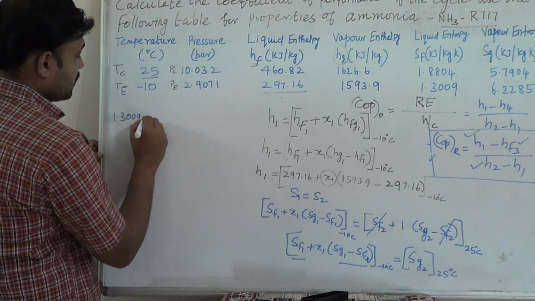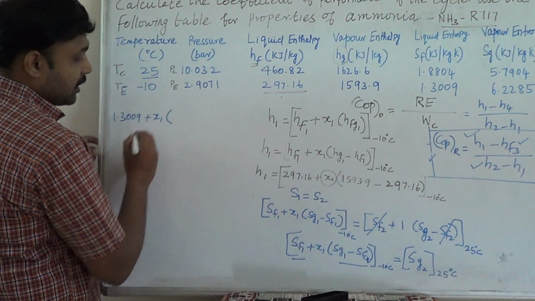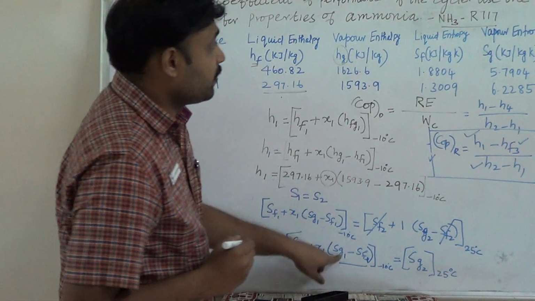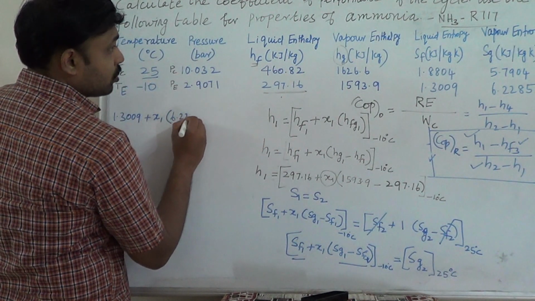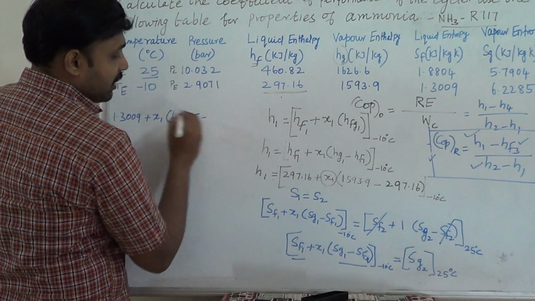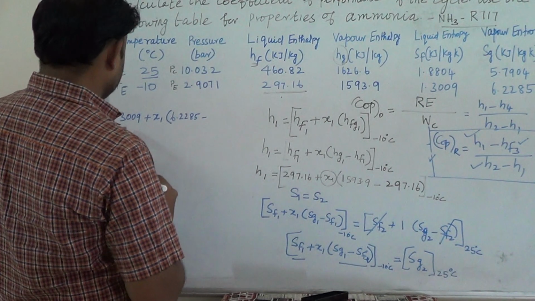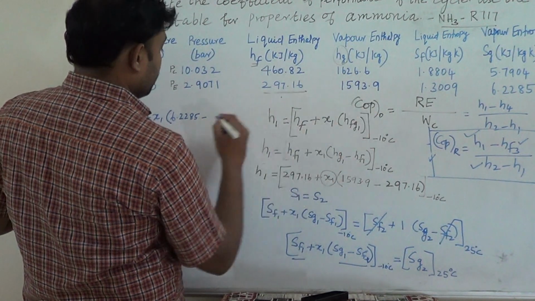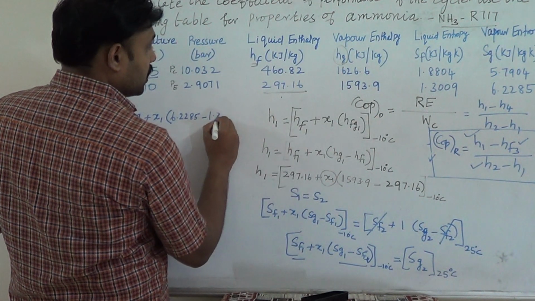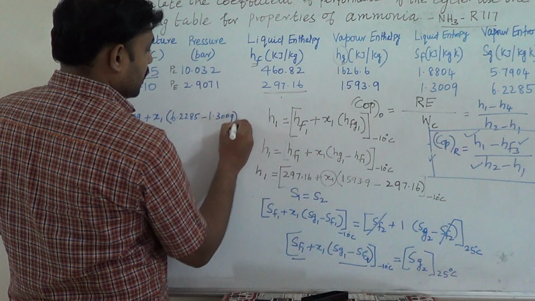1.3009 plus x1 we need to calculate, and Sg1, that is vapor entropy, is 6.2285 minus the liquid entropy, which is 1.3009.